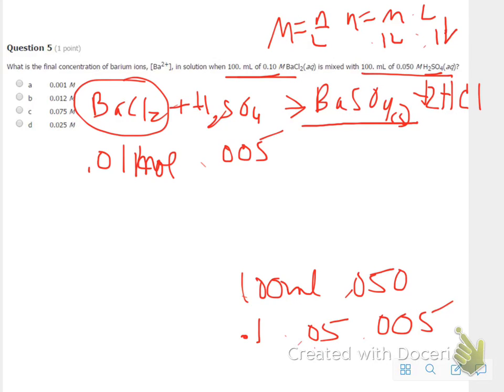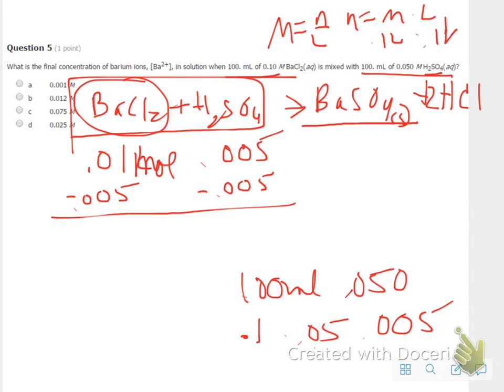Okay, now these are in a 1-to-1 ratio, so I'm going to be limited by the amount of H2SO4. So I'm going to have 0.005 moles of this, which will get consumed, and I'll lose 0.005 of this, which means I'll have 0.005 left of this and none of this.